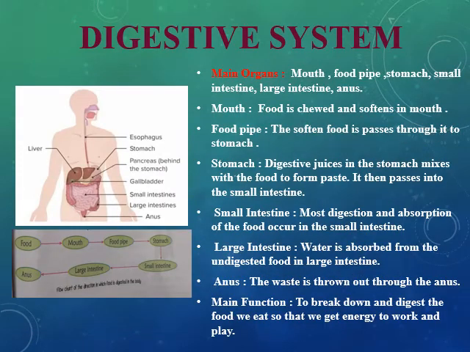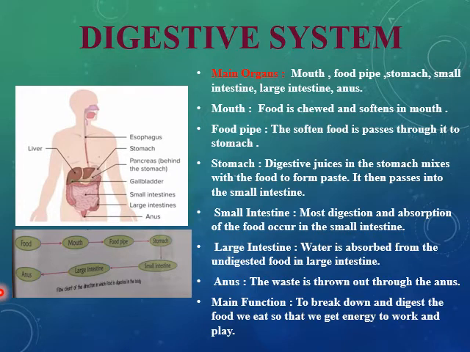The next organ system is the digestive system. Children, our body needs energy to do work, and this energy we get from the food that we eat. Have you ever wondered what happens to the food that we eat?